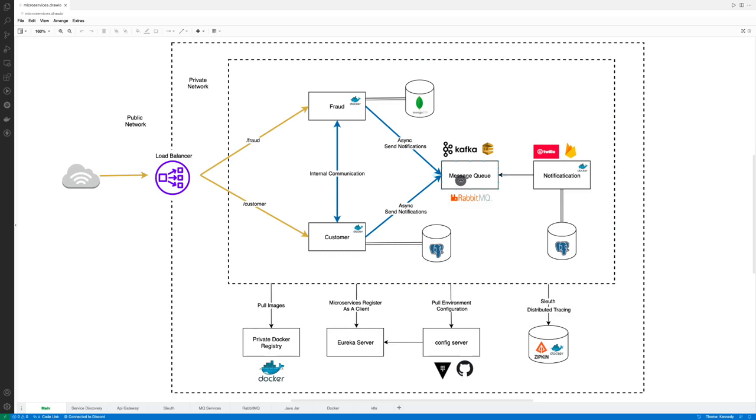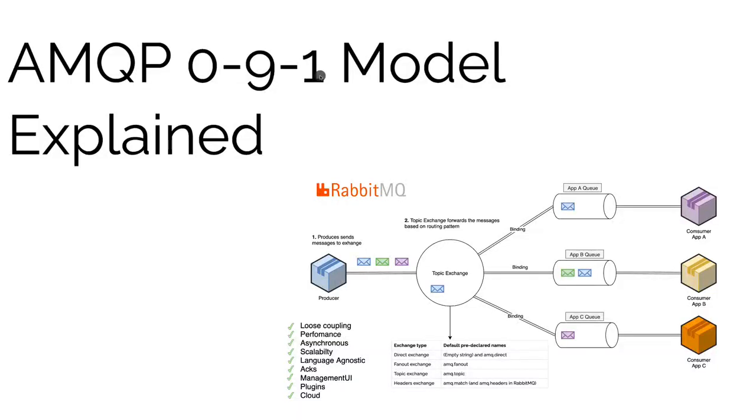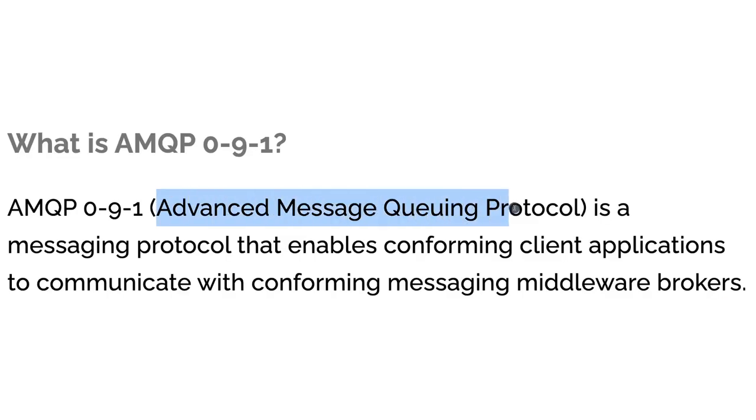Otherwise, let's move on. So you've seen why we need a message queue, and AMQP stands for Advanced Message Queuing Protocol, and it's a protocol that enables conforming client applications to communicate with conforming messaging middleware brokers. Now, what are these brokers?